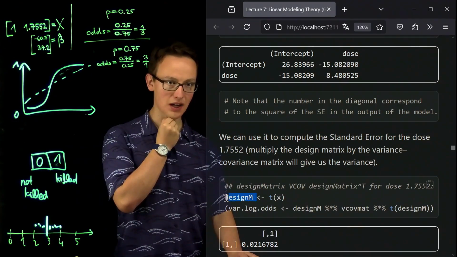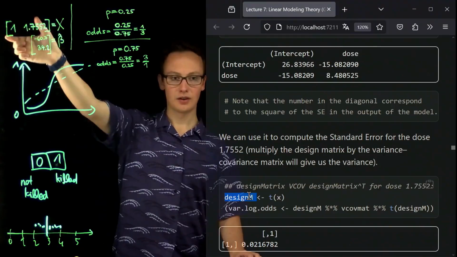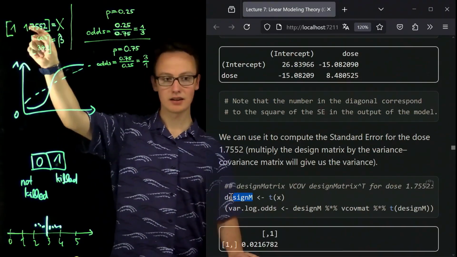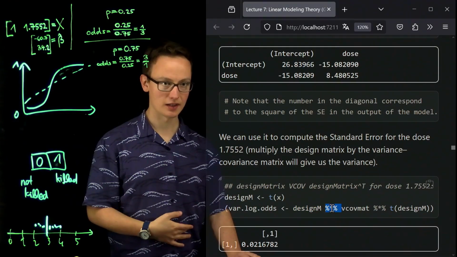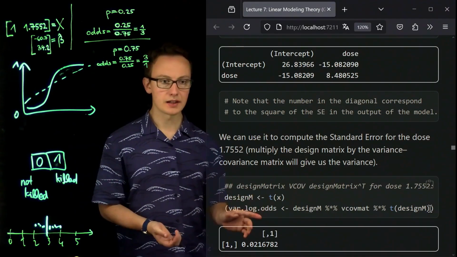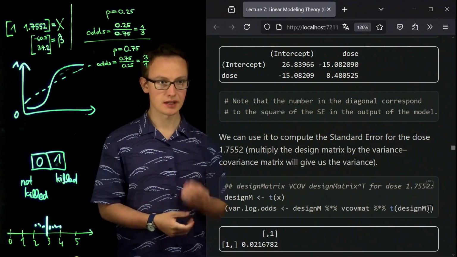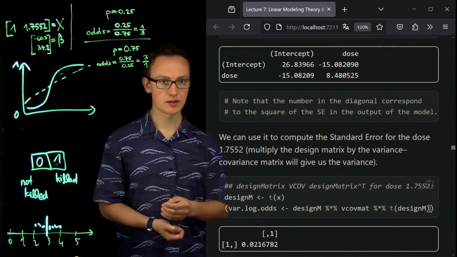So here I'm just renaming our design matrix in the form we needed, which is this one row, two column form. So design M is literally this X here. And then we can do design matrix multiplied with the variance-covariance matrix multiplied with the transpose of the design matrix. And the result will be a 1-by-1 matrix, which as its single element will contain the standard error squared.